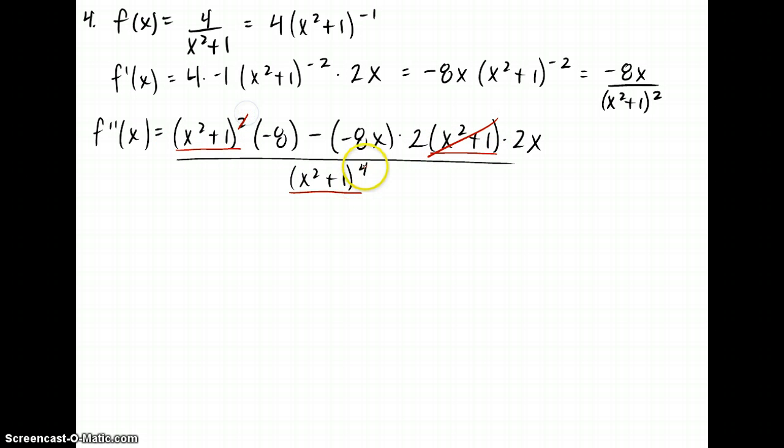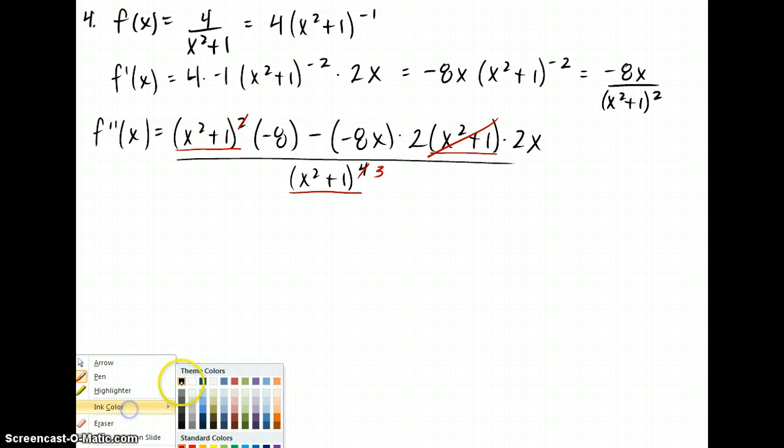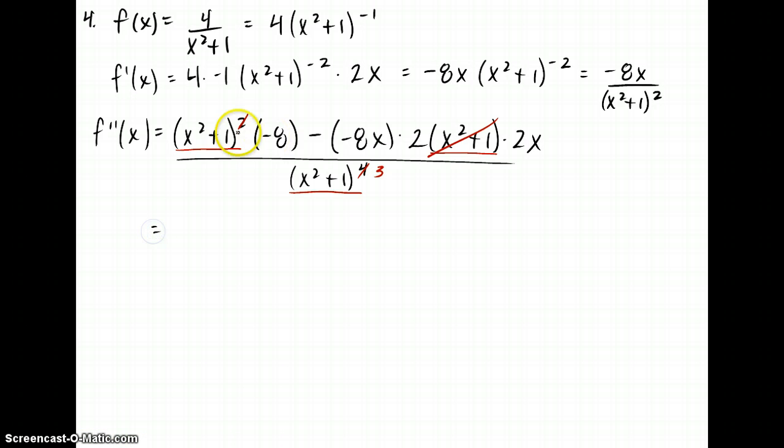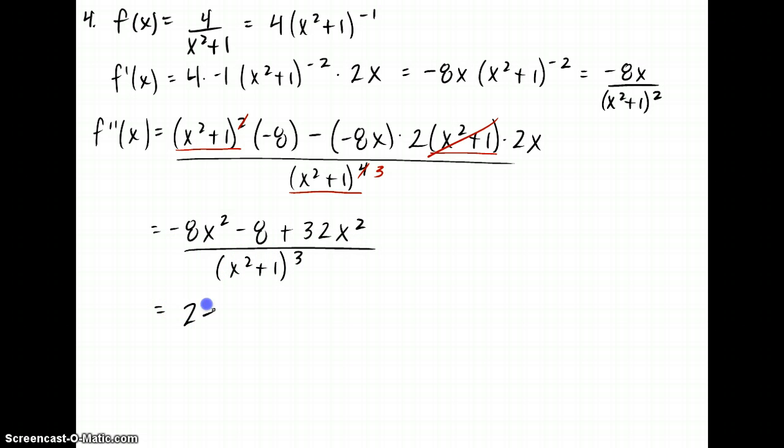So we can take 1 away from each term. Distributing the negative 8, negative 8x squared minus 8. Positive 8x times 2 times 2x would give us a positive 32x squared. And now combining like terms, 24x squared minus 8 all over x squared plus 1 quantity cubed.